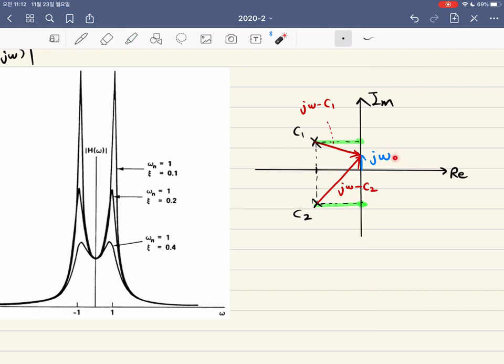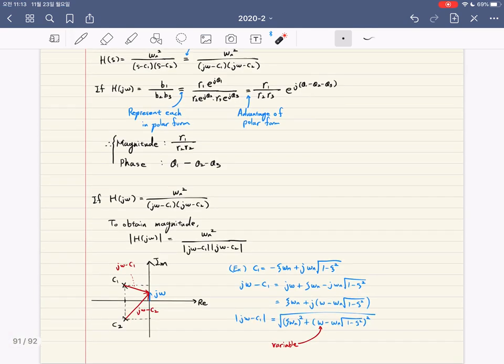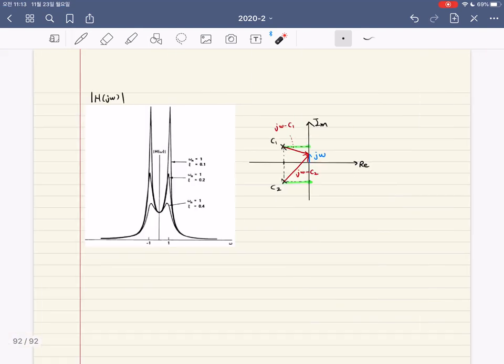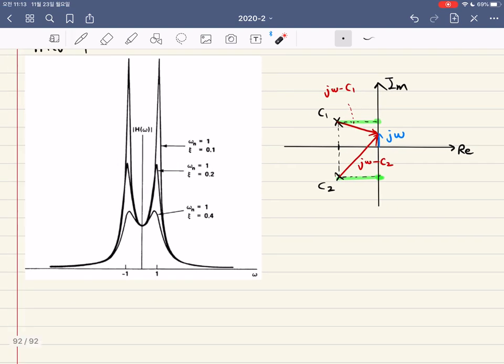And omega should be 1 because this imaginary part, so omega must be 1 because, I'm sorry, omega must equal omega n, right?